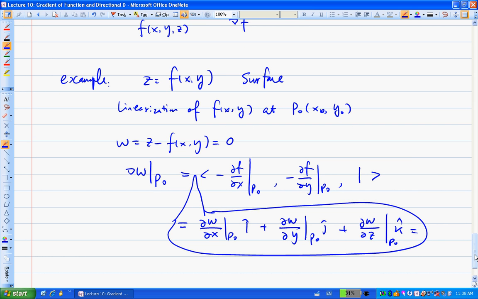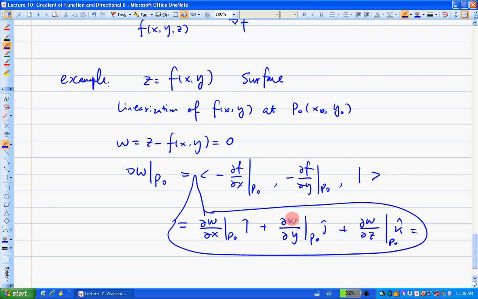So you look at this one here. Here's your W. When you take partial W over partial X, there are two terms in the W. The first term is Z, and Z is not a function of X. So only the second one is a function of X. So that's why it's negative partial F over partial X.